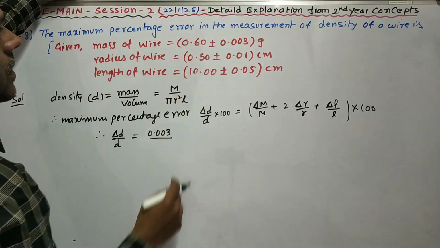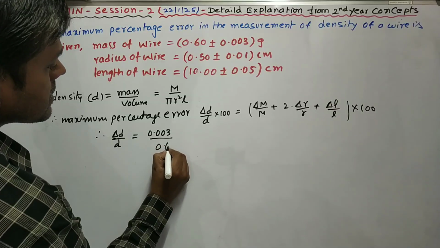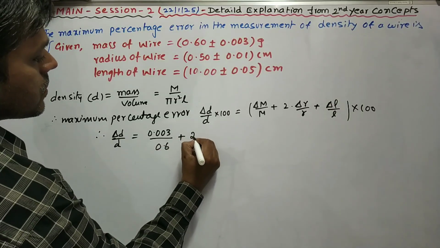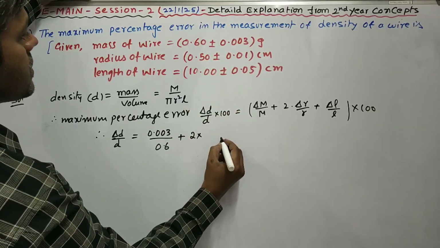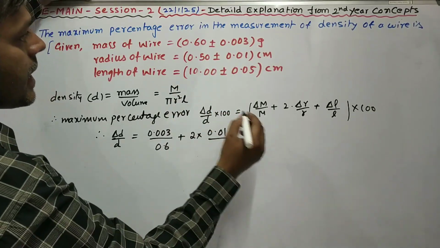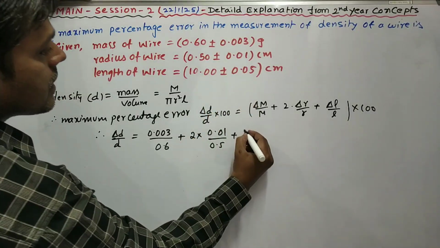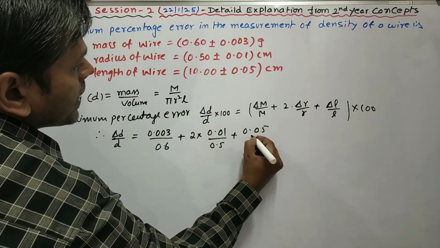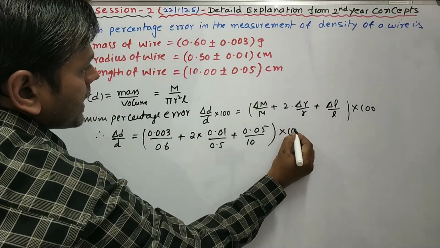Delta M is 0.003 by mass 0.6, plus 2 into delta r, which is 0.01 by r, radius 0.5, plus delta L 0.05 by 10, into 100.